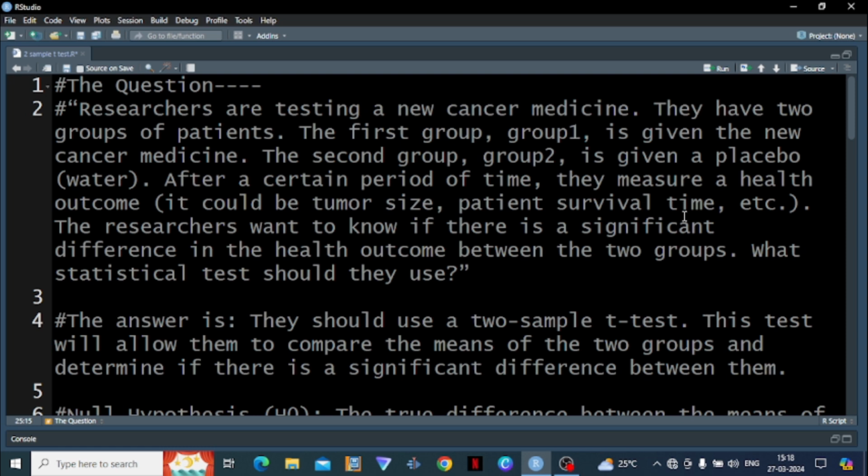When there is a difference in the two groups, the p-value will become less than 0.05. When the p-value becomes less than 0.05, we will reject the null hypothesis and we will accept the alternate hypothesis, which says that there is a difference.